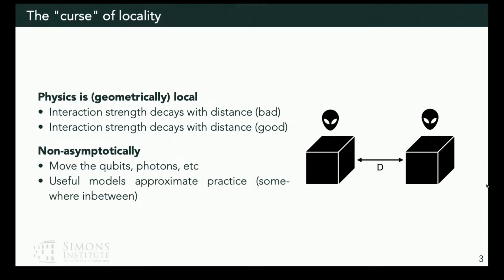All this is to say that we want some model that approximates what we can do in practice. Right now, the constants are such that likely in the future, we're going to be operating somewhere in between, where we're not fully 2D, but we don't have this arbitrary connectivity that we typically assume, for example, in classical computation. In classical computation, it's very cheap to move a bit across some potentially fairly large distance.